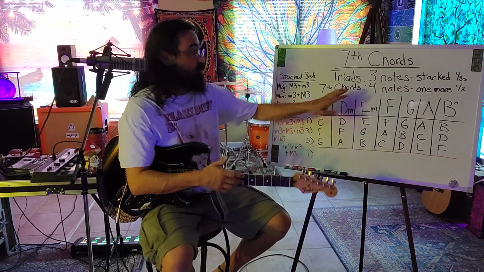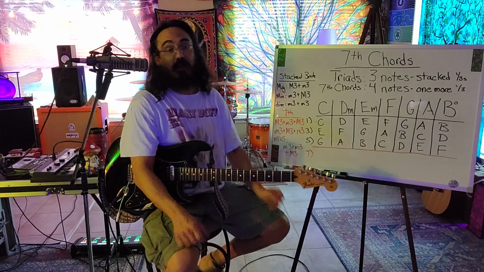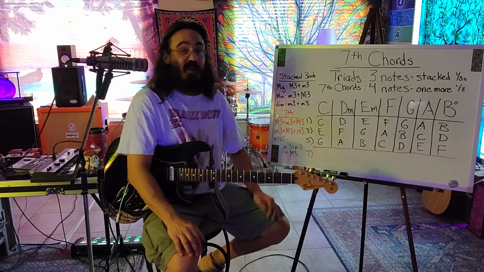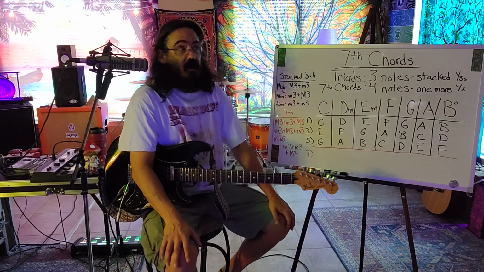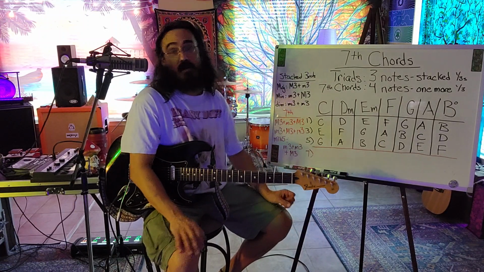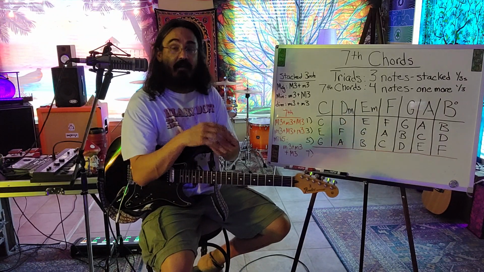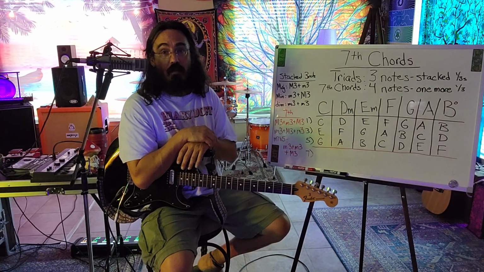Then if you continue this process of just stacking thirds on one another and maybe even changing a quality, you're going to get things like G7 flat 13. Like, what the hell does that mean? So this is the next step into learning what those things mean.